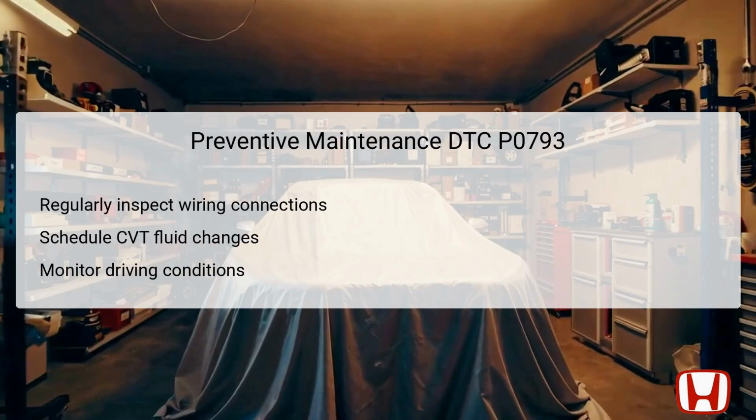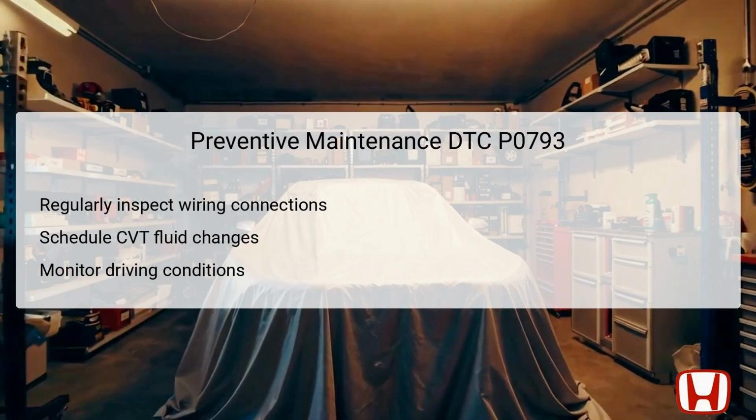To prevent future occurrences of DTC P0793, implementing a proactive maintenance approach is advisable. Regular inspections of all wiring connections related to the CVT system can help detect issues before they result in operational failures.